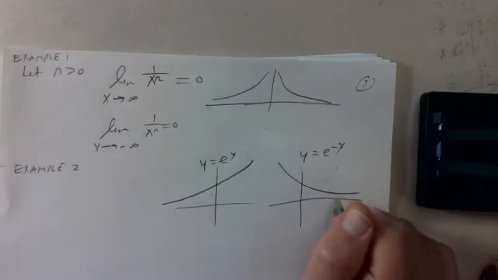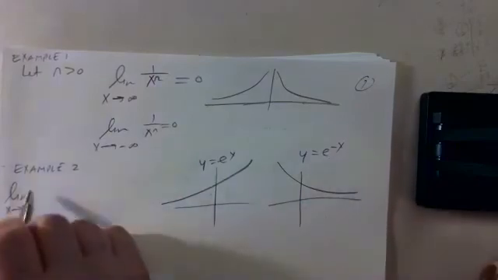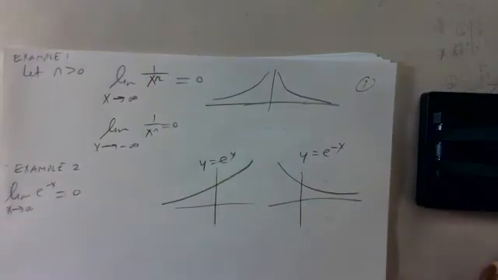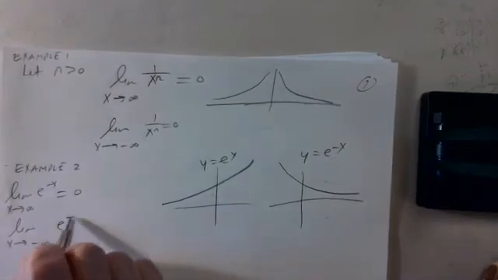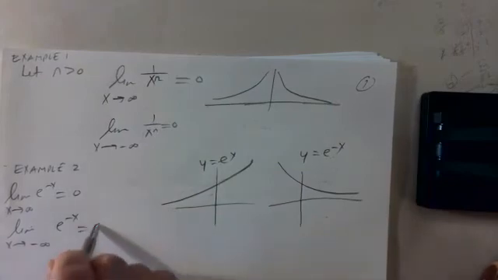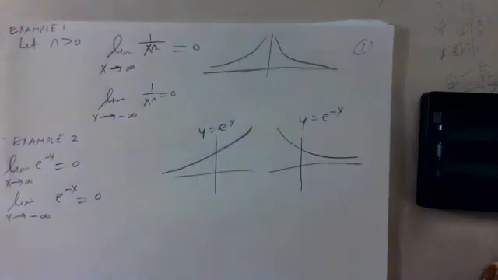It looks like that. So the limit as x goes to plus infinity of e to the minus x is 0. And the limit as x goes to minus infinity of e to the minus x is also 0. Okay. Any questions about this?